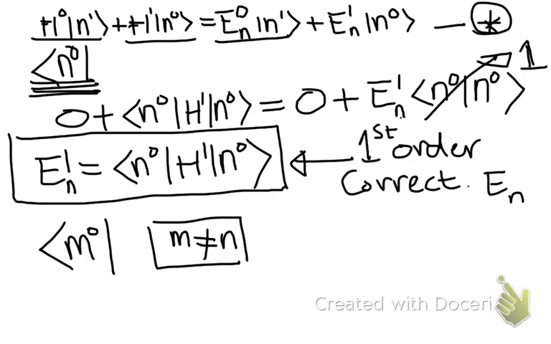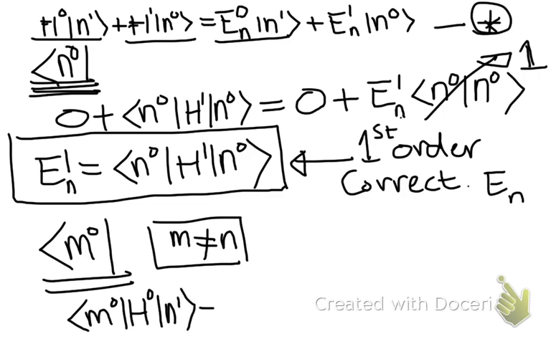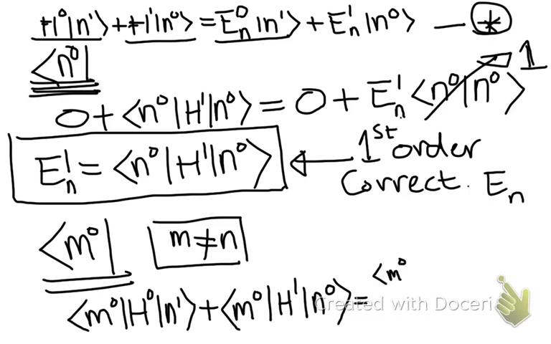So when I dot my equation star above with this m, what I get is: m0 H0 n1 plus m0 H1 n0, all of this equal to m0 En0 n1 plus m0 En1 n0.